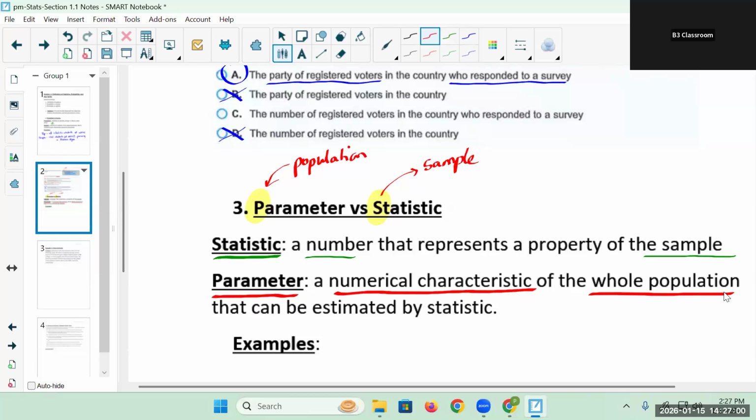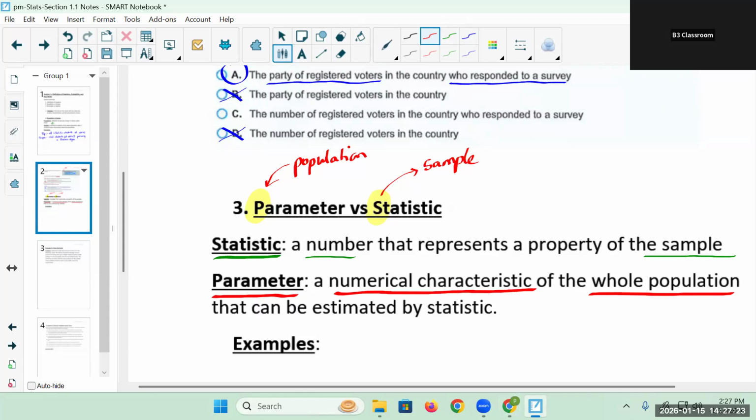So that's the reason why in statistics, we rely on a sample to draw a conclusion about the population. And that's why it says a parameter is a numerical characteristic of the whole population, but we're really estimating it or drawing a conclusion from a statistic that comes from a sample.